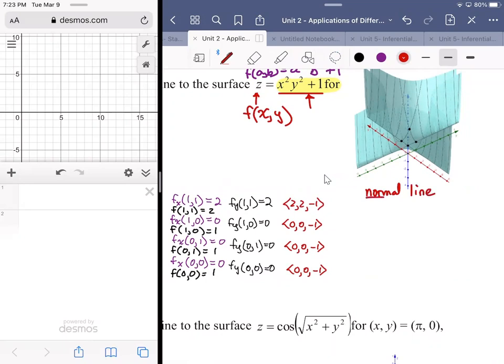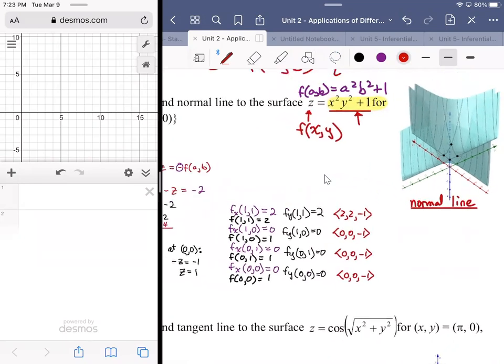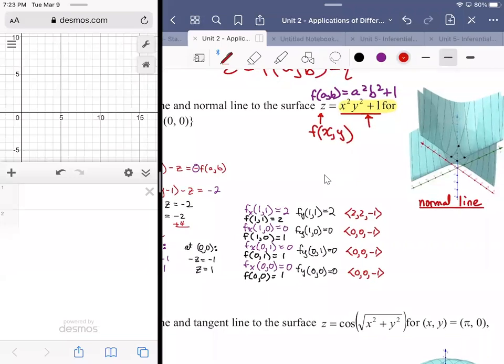And again, this is for the a values of 1, 1. Now, if you want, you can write it as an ordered triple 1, 1, 2.